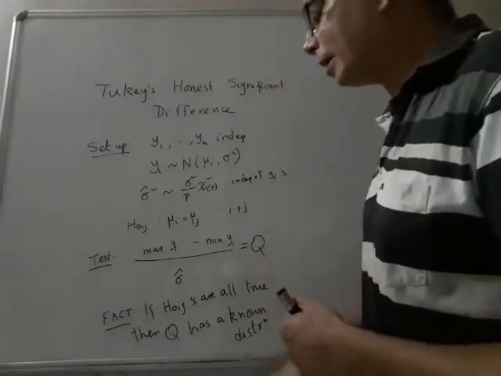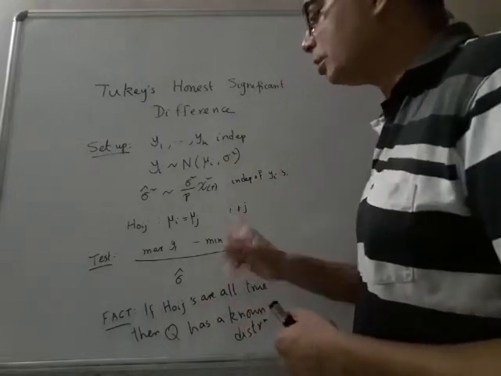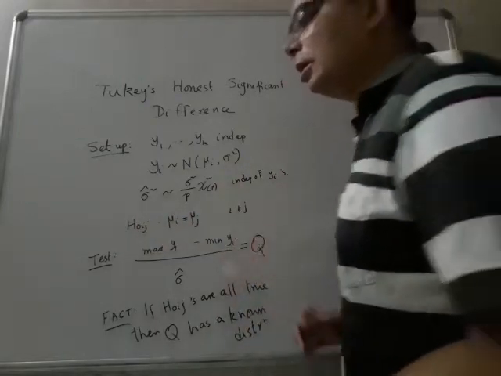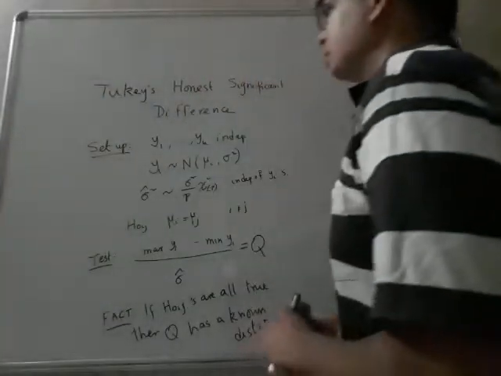So once you have that Tukey distribution, I will perform the multiple hypothesis testing using the following test statistic.